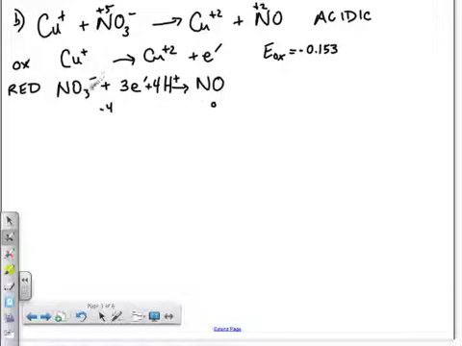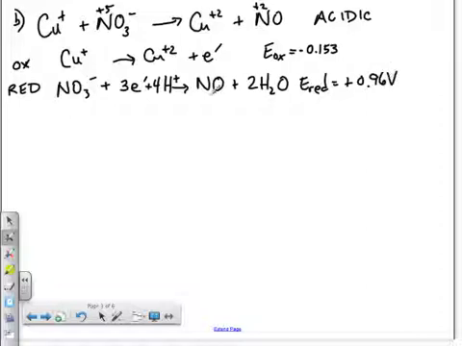Then for oxygens, I've got 3 on this side, 1 on this side, so I need 2 waters, and that balances everything out. This is exactly what you see on the table. The E for this reduction on the table is positive 0.96.